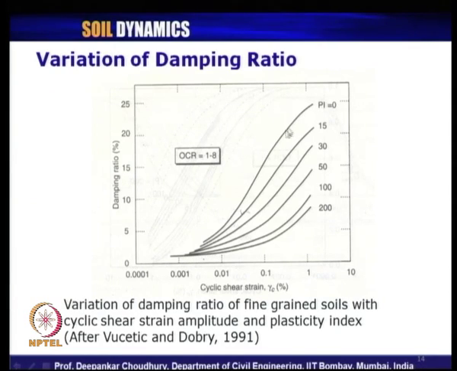It is not that it will be a single curve for all types of sand, but for non-zero values of PI the trend will be like this. So, it is better to observe the trend, that is, with increase or decrease in PI, what is the effect on damping ratio, as well as with the change of cyclic shear strain, what is the effect on damping ratio.